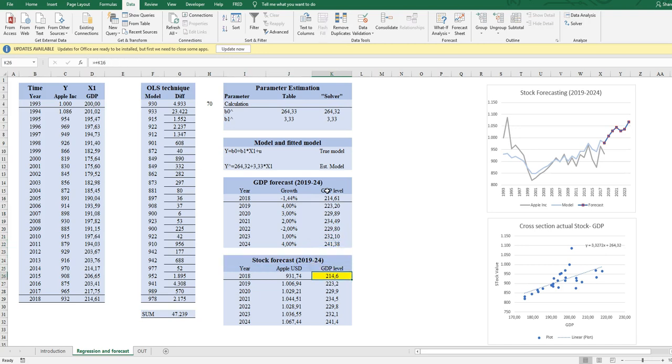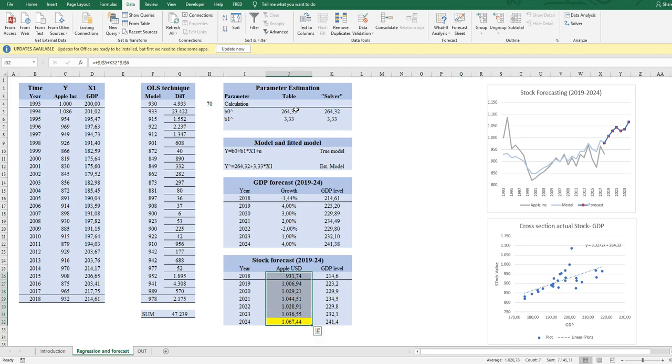And once I have the GDP level for each year, it's simply typing in that GDP level for each year and using the model that we have estimated up here. So for instance, in 2024, I type in the GDP level and multiply it with the estimated B1 plus 264.